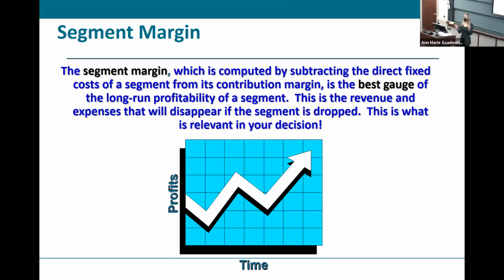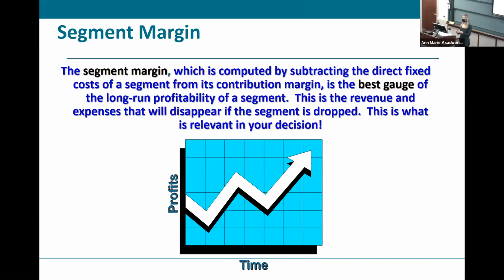Basically, here's the segment. If you start with contribution margin, then you know that's the revenue coming in from that segment, and you already know how variable costs work. They come right along with those sales dollars. So instead of saying I'm going to lose the sales and avoid the variable costs, you can just start at margin.